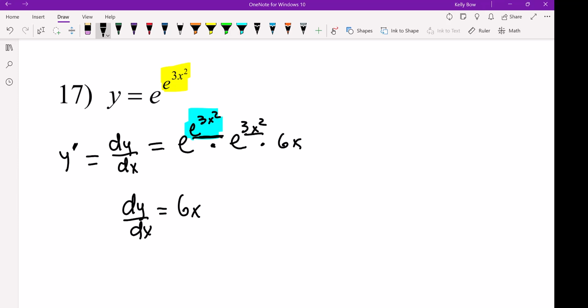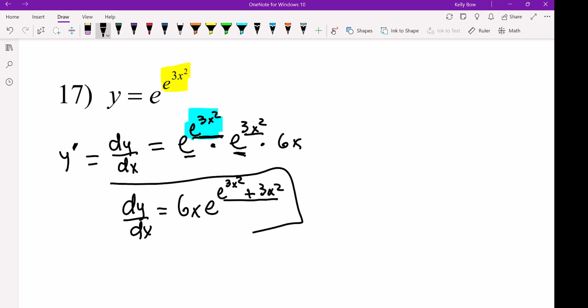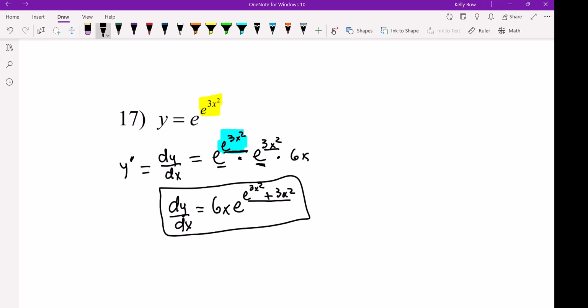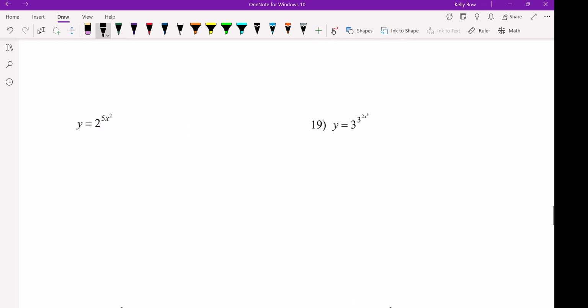Now notice we've got these two bases that are the same, so we can add those exponents together. So you only have to write e once, and this is e to the 3x squared plus 3x squared. And this right here is the final derivative.